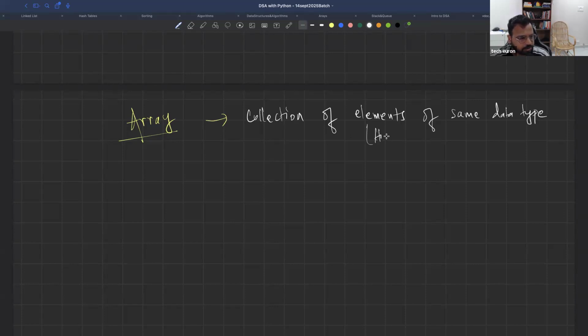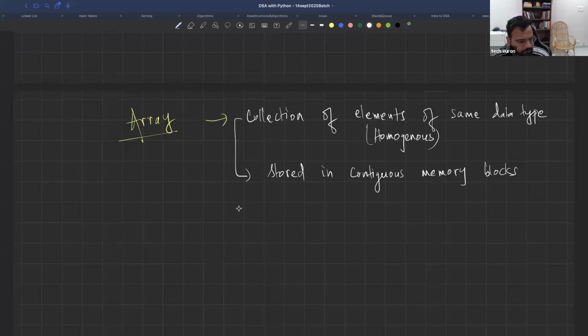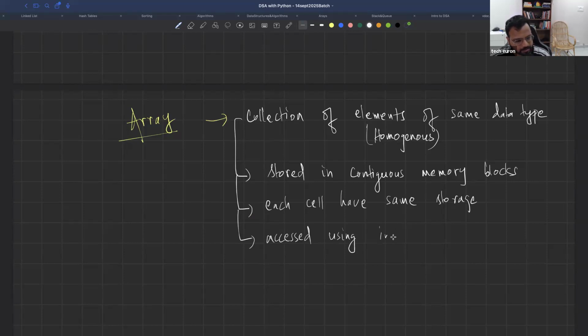Or we can say this is homogeneous, stored in contiguous memory blocks or memory cells, each cell having the same storage, and accessed using an index. If these are the criteria, then we will say that it is an array.